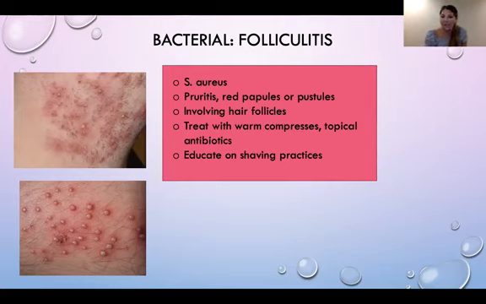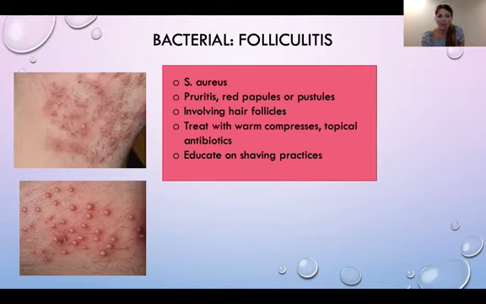So I usually like to use clindamycin with my patients. And then education is a big thing with folliculitis. Can get it on the face, but then also people do get it under the arms quite a bit, and even in the inguinal area, especially teenage girls who shave their pubic area can have this problem.